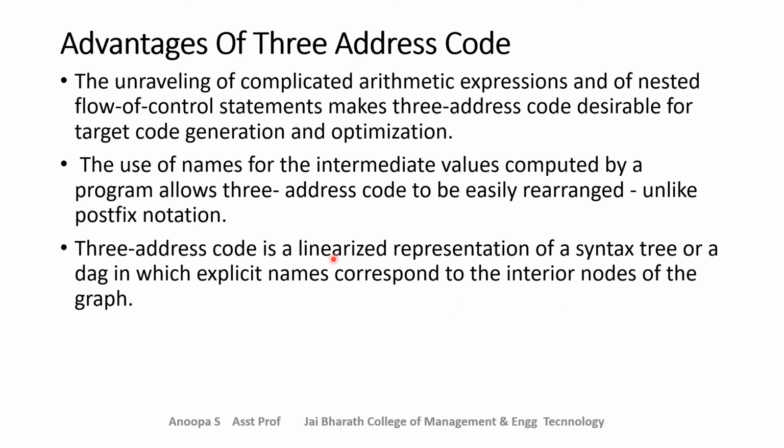Then it is a linearized representation of a syntax tree or a DAG in which explicit names correspond to interior nodes of the graph. So these are the three advantages of the three address code. In the coming tutorials, we will be learning this three address code in detail.